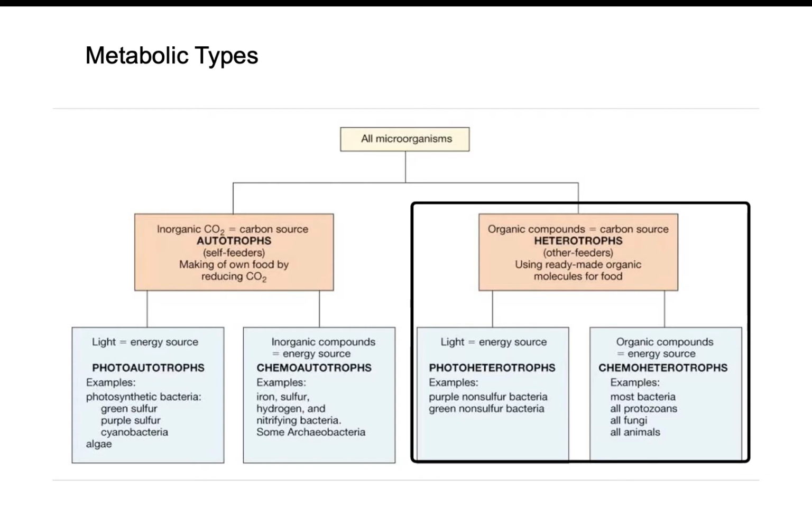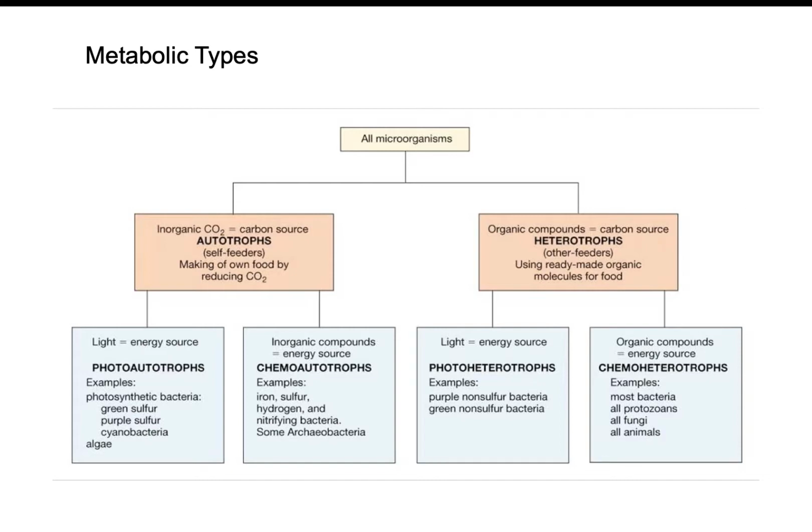We have to get carbon compounds already produced and then manipulate those in our various pathways. There are two major types of autotrophs: phototrophs, which use light as an energy source, and those include green sulfur, purple sulfur, cyanobacteria, and algae.